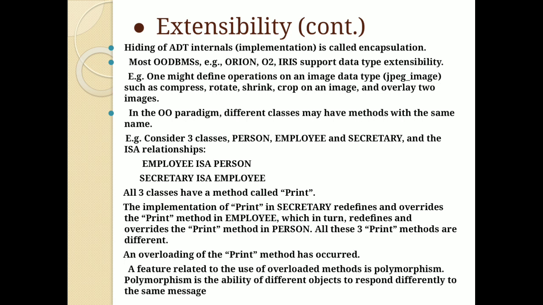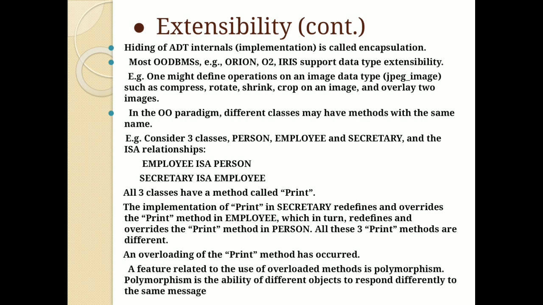All three classes have a method called print. The implementation of print in secretary redefines and overrides the print method in employee, which in turn redefines and overrides the print method in person. All these three print methods are different. An overloading of the print method has occurred.